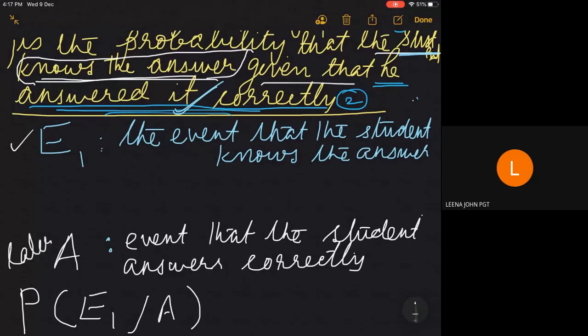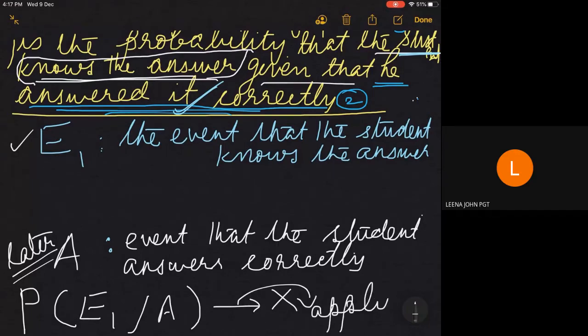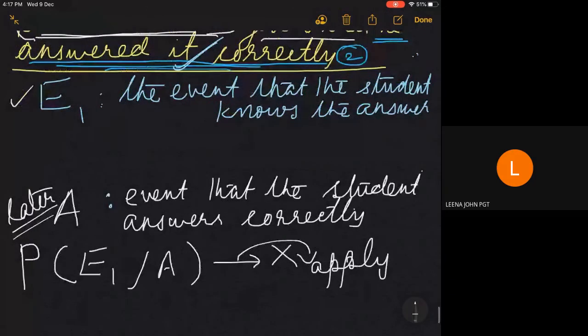This is the condition which happens at a later stage, and the probability of the event which happens at an early stage is asked. So practically you cannot find this directly. Here you will apply Bayes theorem, because Bayes theorem will reverse the probability.